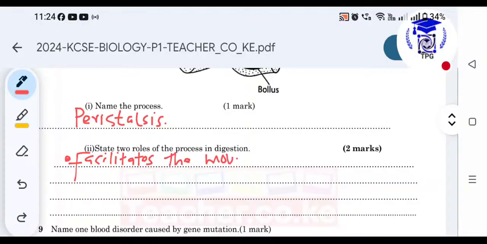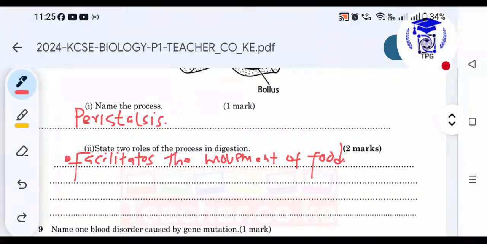Another one, it also enables mixing of food. Why are we talking of mixing of food within the alimentary canal? Peristalsis does not only occur within the esophagus, it even occurs in the intestines.